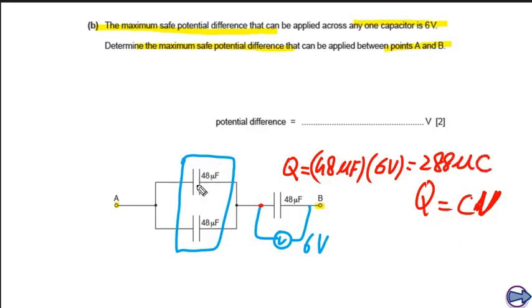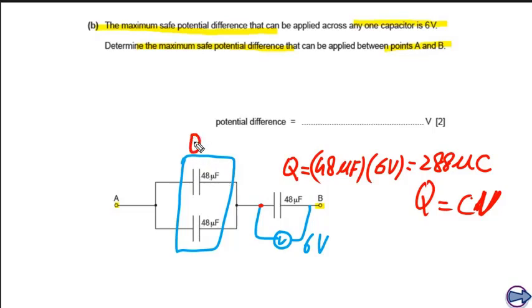Now how about the charge on these two capacitors? We need to understand that as this capacitor and this one are connected in series with this one, the charge on this one capacitor is equal to the charge on these two capacitors.